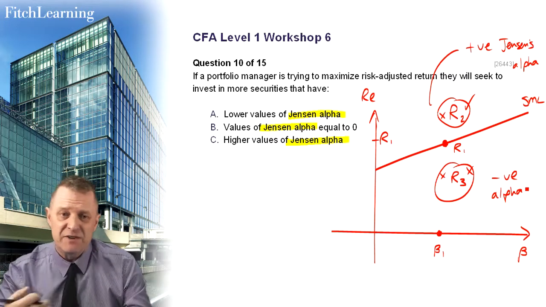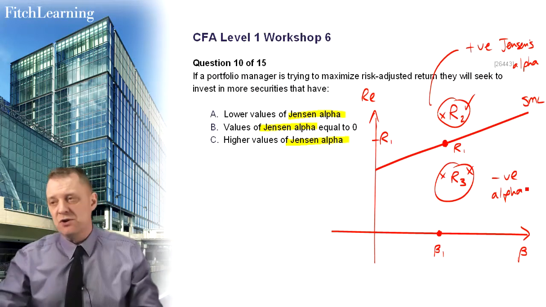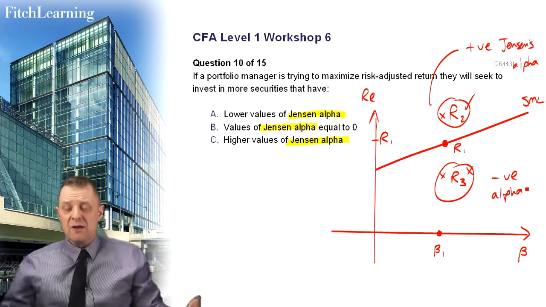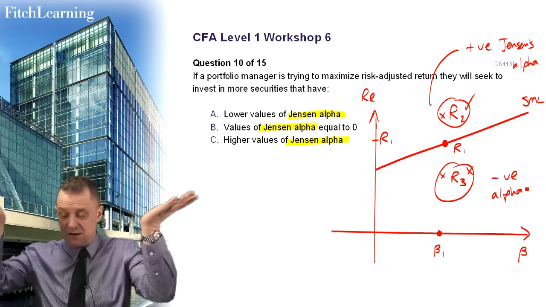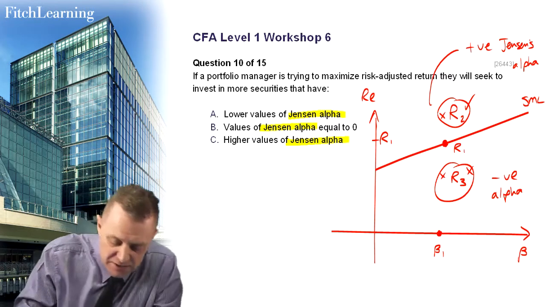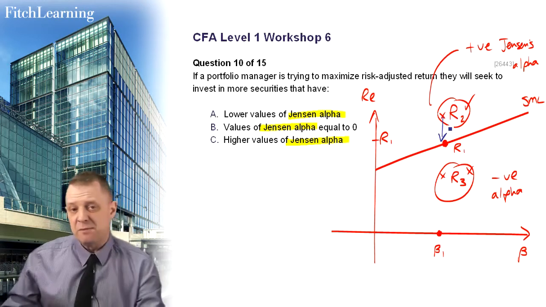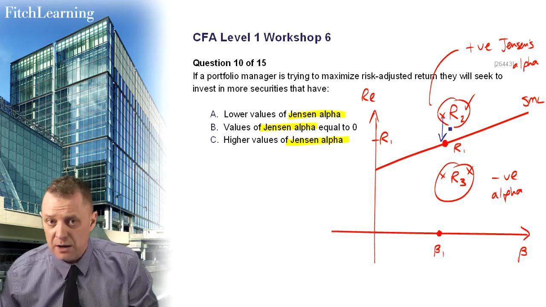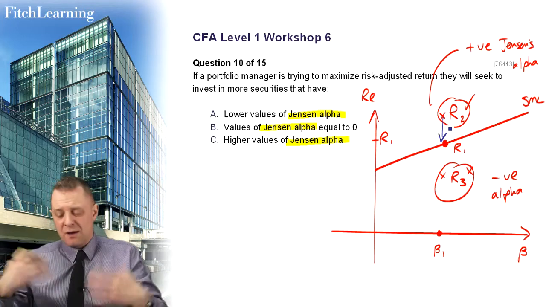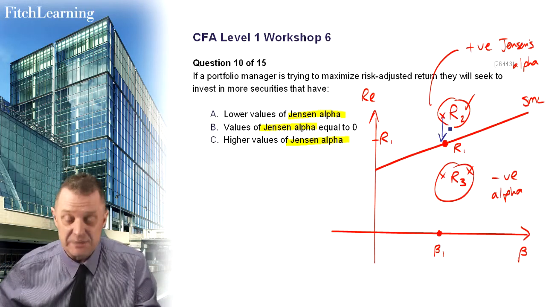As the market identifies these securities, we'll all start buying them, and as they get bought and bought in the market, the price of those securities will rise. And as the price rises, the yield returns. So the argument is that eventually that security will take its place where it belongs on the securities market line. As the pricing is corrected in the market, it returns to where it should be. It sits on the SML.